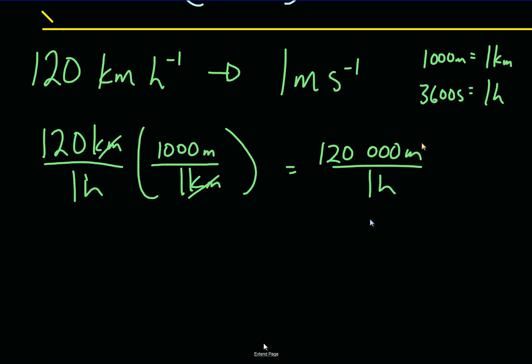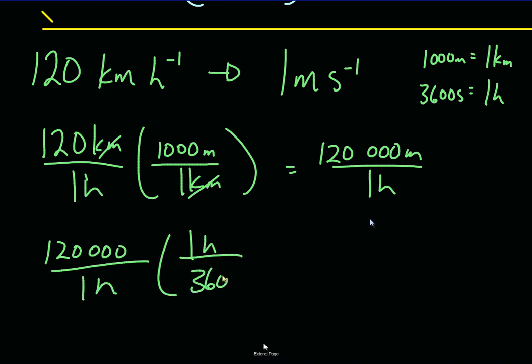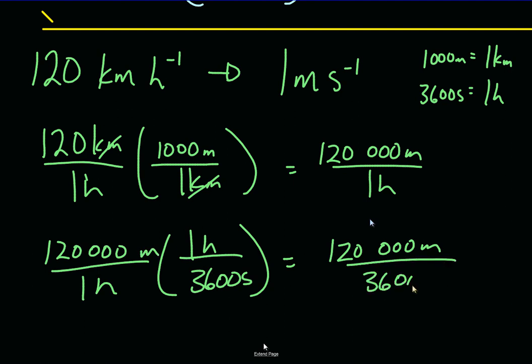Then take that, and we know that for every 1 hour, there's 3,600 seconds. So we're converting the bottom now into its equivalent in seconds. We have 120,000 meters every 3,600 seconds. So essentially now you see that we've got our units canceled out in such a way that we end up in the units that we want: meters on the top, seconds on the bottom.